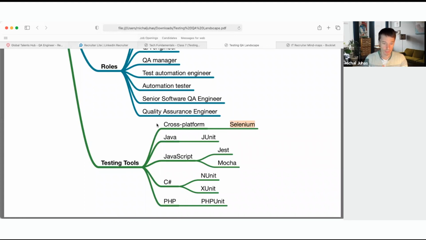What does it mean, cross-platform? Well, typically each programming language, such as Java or JavaScript or C#, they have their own testing framework, because the testing framework is written in the particular language. So, for example, NUnit is written in C#.